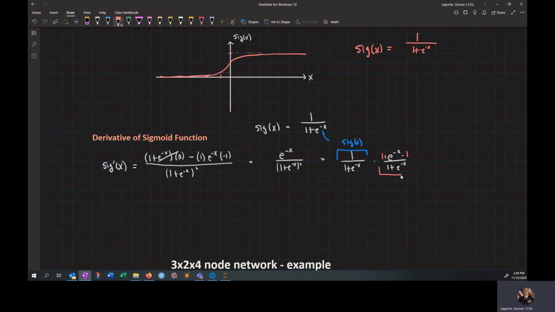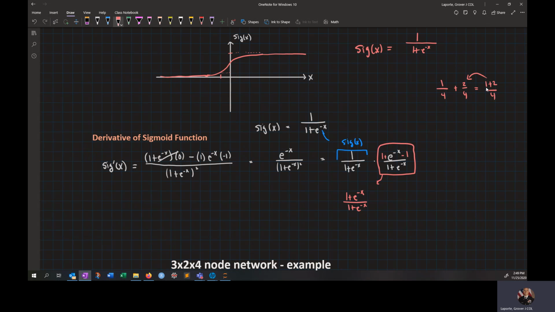I'm going to rewrite it as 1 plus e to the negative x over 1 plus e to the negative x, so I'm kind of doing the opposite of combining fractions. For example, 1 plus 2 over 4 is equal to 4 over 4 plus 2 over 4, or you could write it back this way.